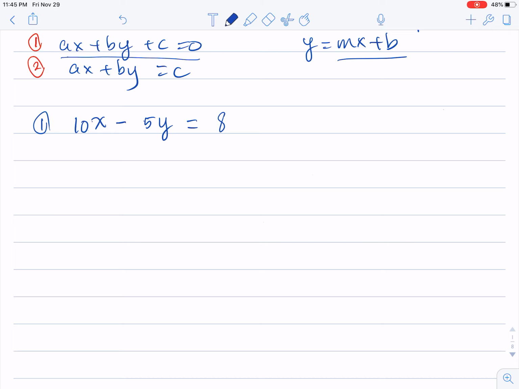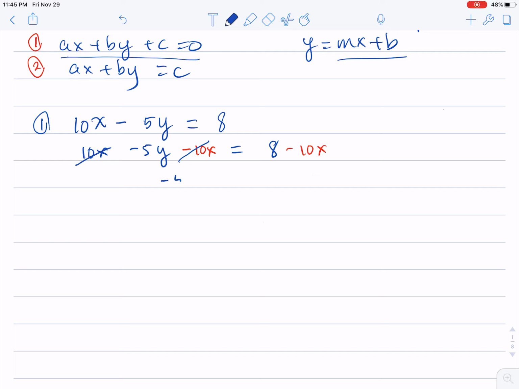Aalisin natin yung 10x, no. So we can do that by subtracting 10x from both sides, diba? So minus 10x minus 10x, which means na mawawala na to, no?